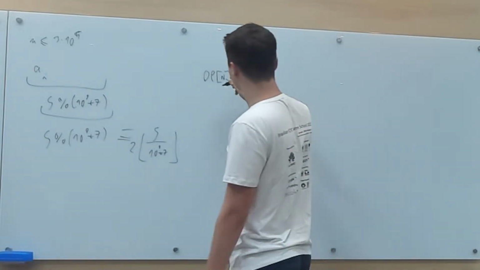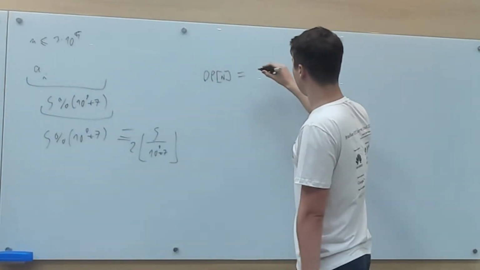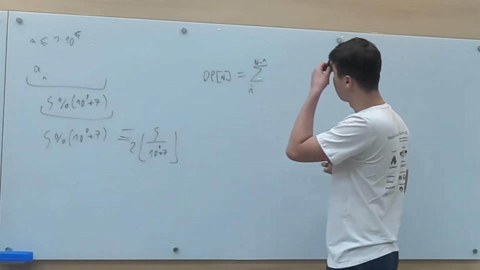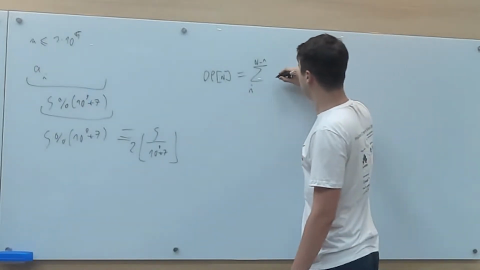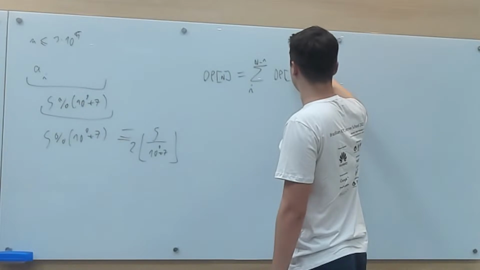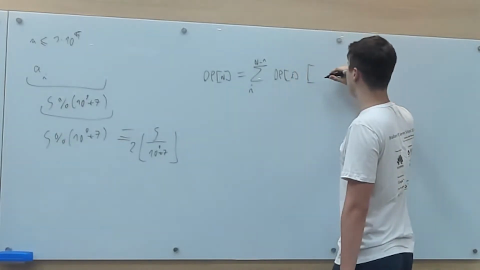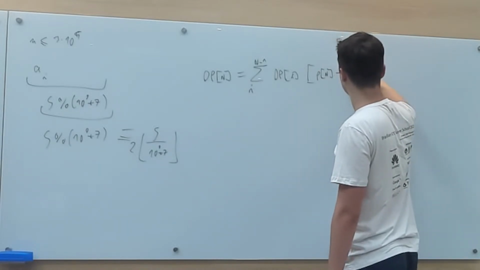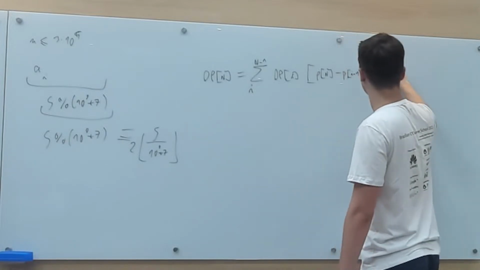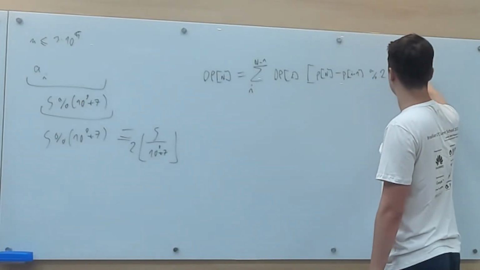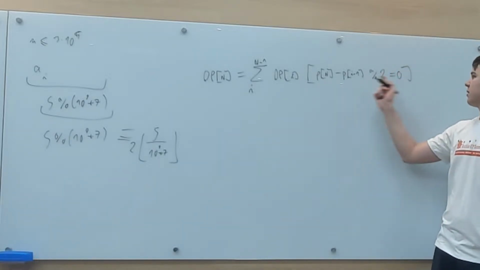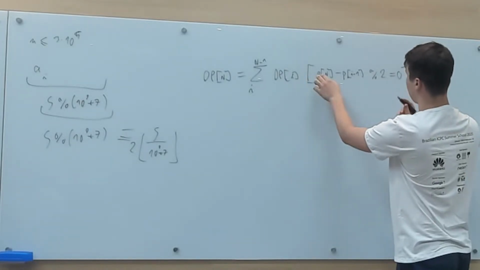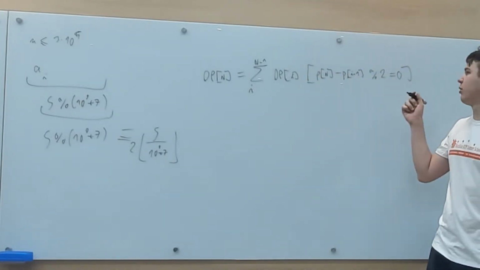The formula is: we sum over all i smaller than n and add dp_i if and only if the condition holds. This bracket notation means one if the statement inside brackets is true and zero otherwise.